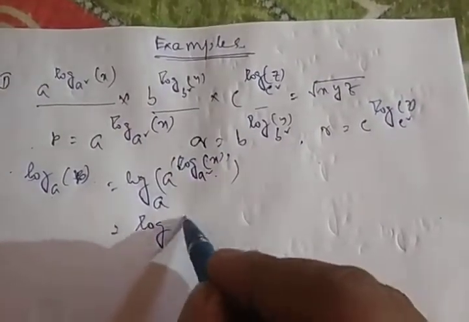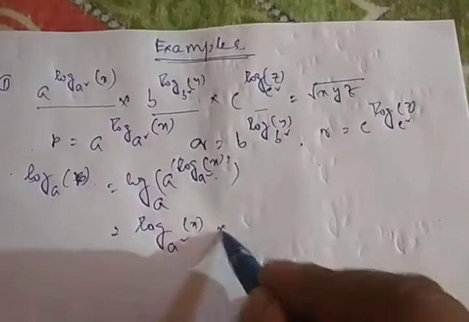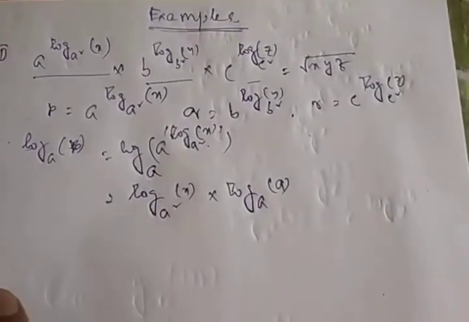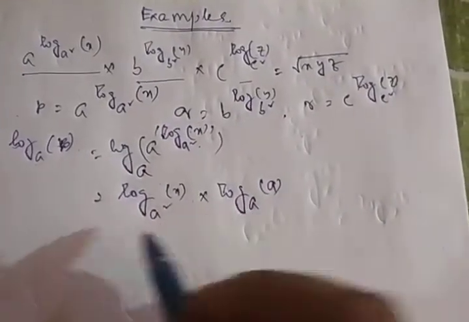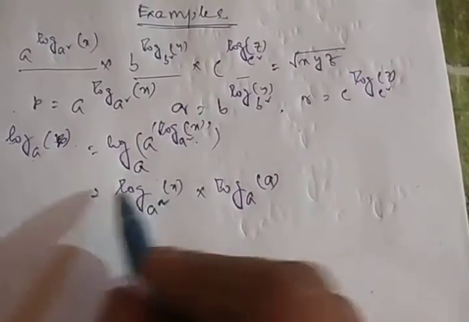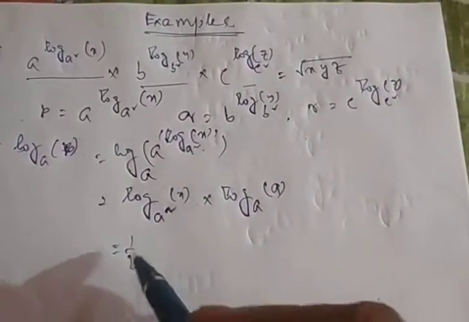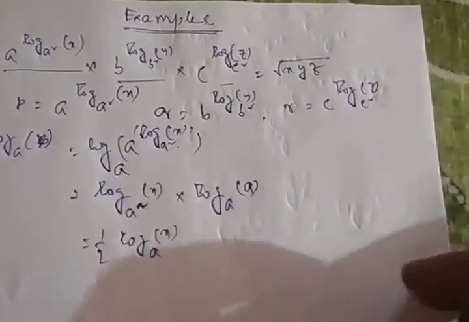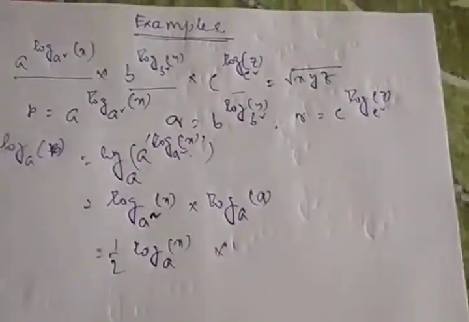So we get log of a with respect to a square into log of a with respect to base a. This term is 1, and by theory this is 2, so we get half of log x with respect to base a.